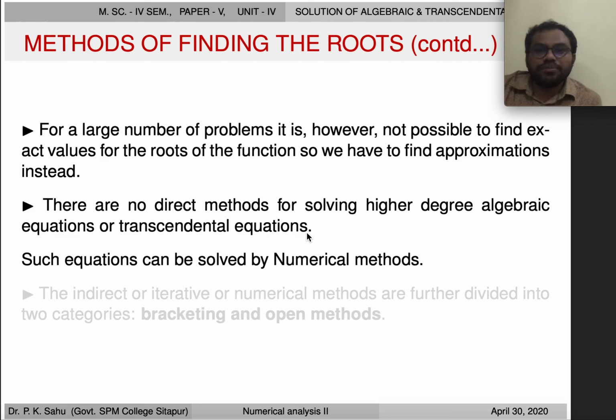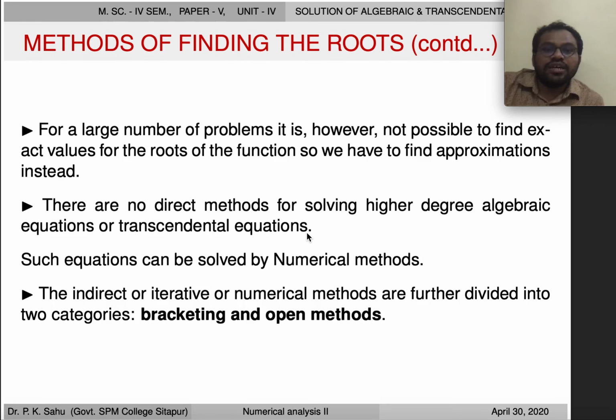By using numerical method, we get approximate root. Now, what is approximate root? Approximate root means we will find that value of x which approximately satisfies the given equation. Approximately means if we put that value of x in f(x), it is approximately equal to 0. So, this is approximate root. So, in general, by using numerical method, we get approximate root.